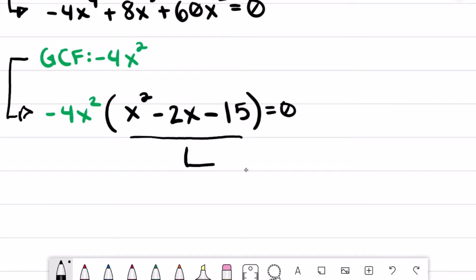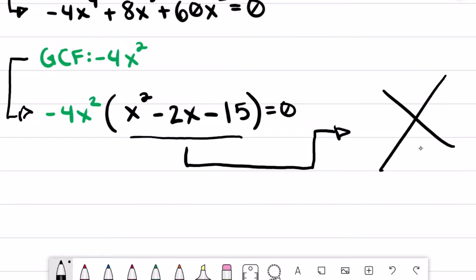Okay. I want to try to figure out if it is possible to factor what's inside of my parentheses using the X method. So I know that on top, I'm going to put the number -15, and then on the bottom, I'm going to put the number -2. That's my B, and -15 is A times C of our quadratic function in standard form. So I want to ask myself, what two numbers do I multiply together to get -15, and when I add them, I get -2?